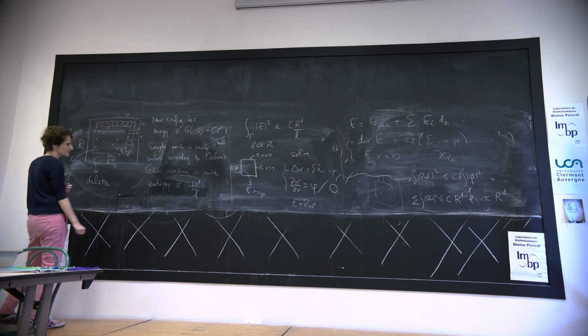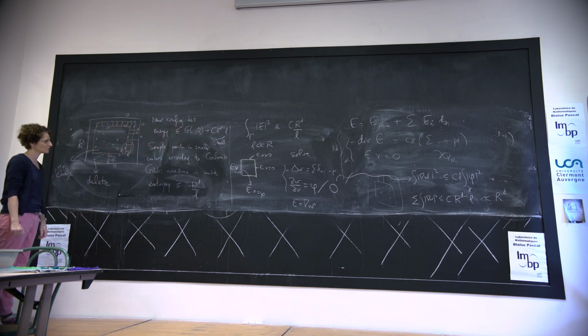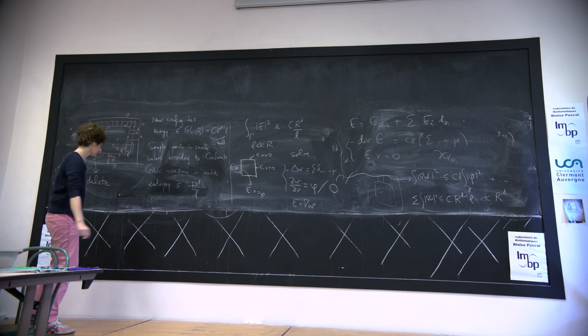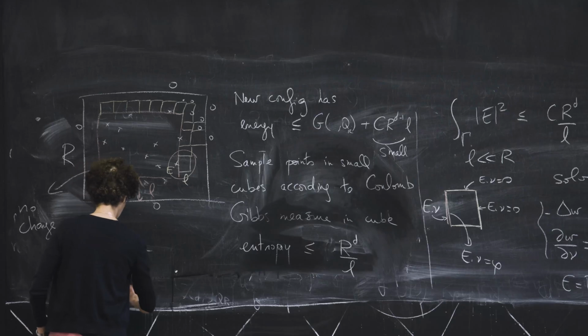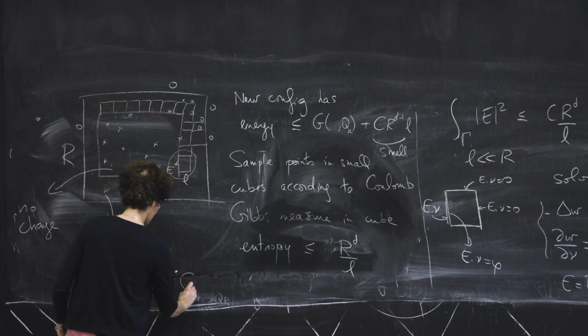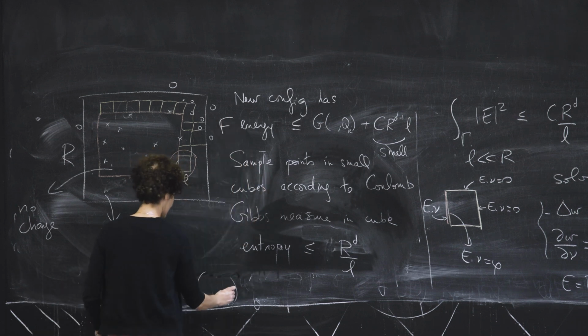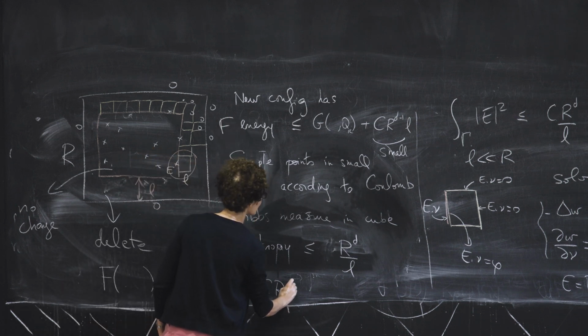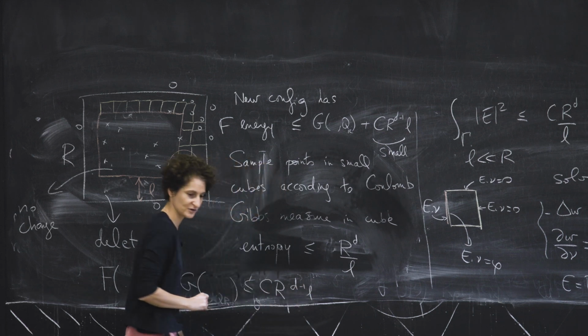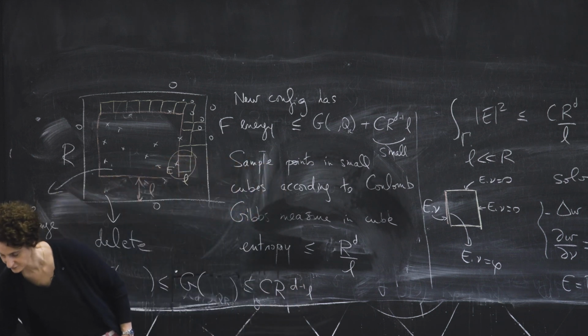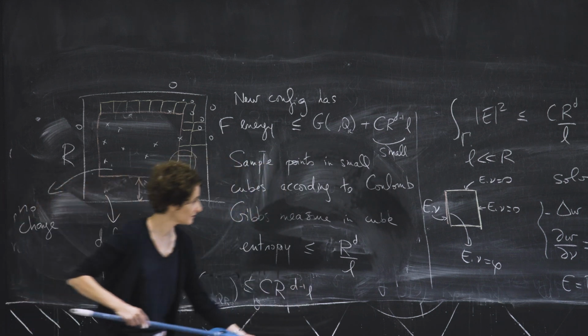And at the end of the day, you show this way that the F of the configuration is less than the G. So this is F now, plus R^(d-1) L. And you can prove also at the level of the free energies a similar thing.